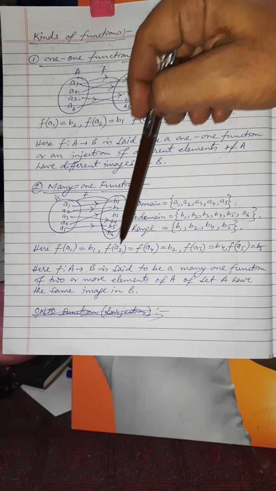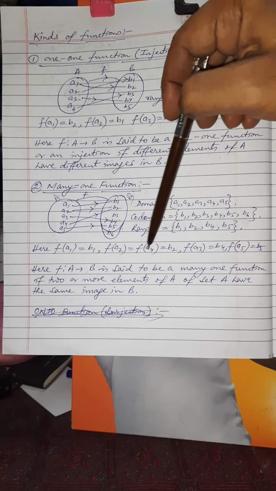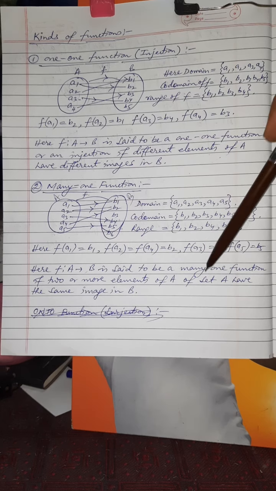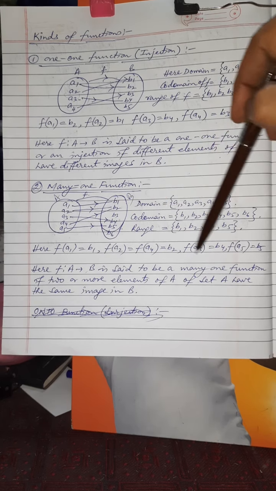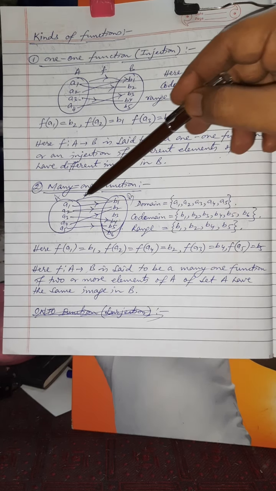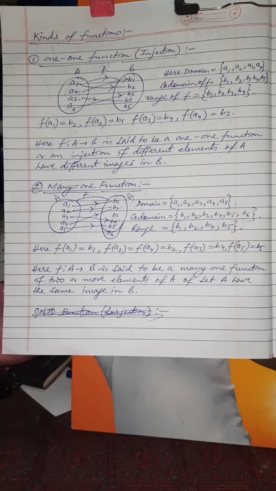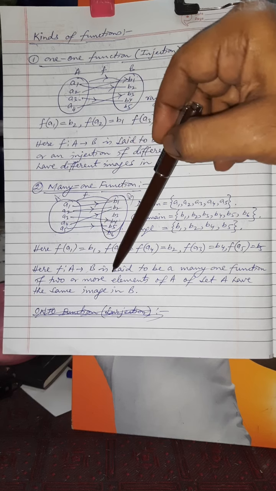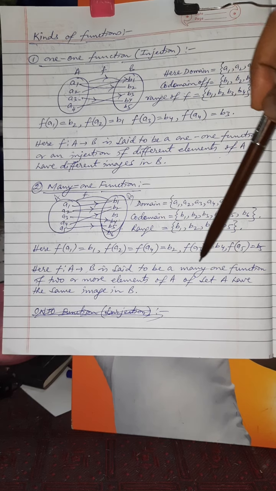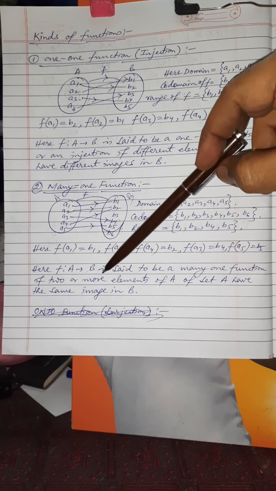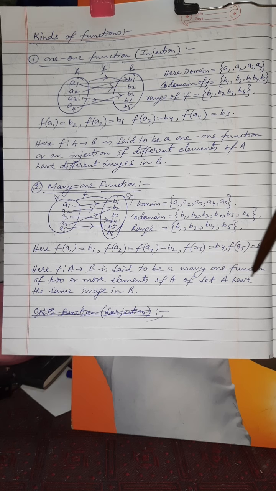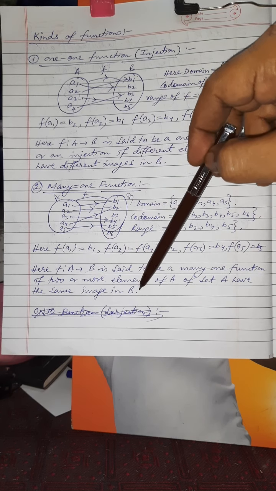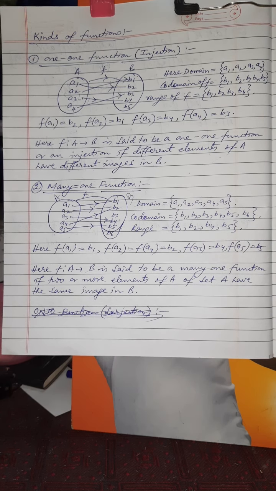That is, f(a2) = f(a4) = b2. If this situation is there, then we can call this kind of function f a many-one function. The definition is: f maps A into B is said to be a many-one function if two or more elements of set A have the same image in capital B. So this is all about the many-one function.